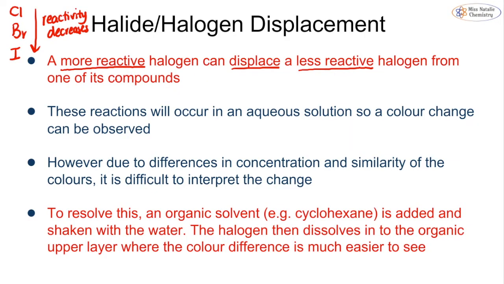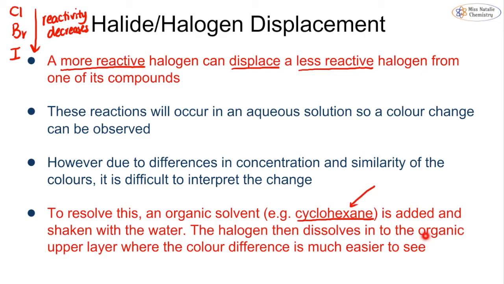Now, due to differences in concentration and similarity of the colours, sometimes it can be quite difficult to actually see the change, and I'll show you a diagram in just a moment. So what we sometimes do in order to get around this is we add in an organic solvent, usually something like cyclohexane, and then that's added and shaken with the water.